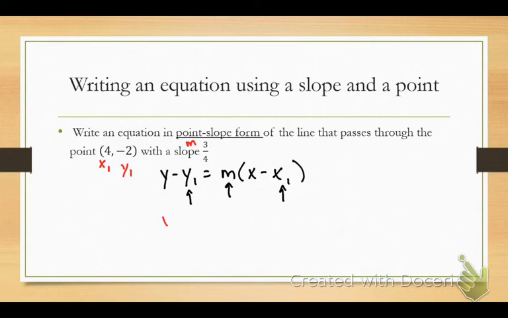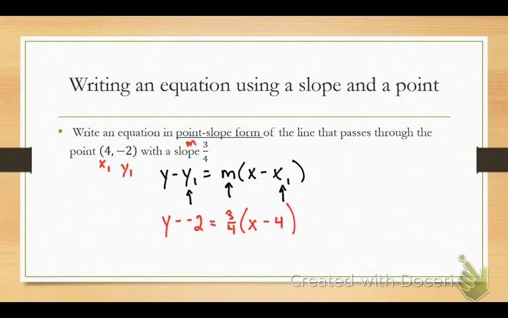So y minus what? What is my y1 value? -2. So that will be a double negative. I plugged in a -2 and there was already a subtraction sign. Equals, what's my m value? 3 over 4 times x minus, what's my x1 value? 4.